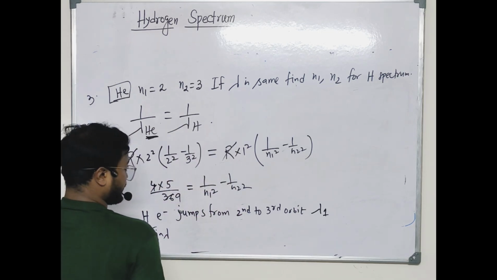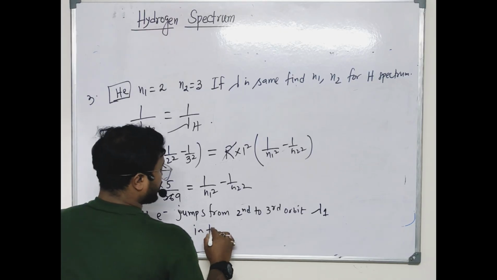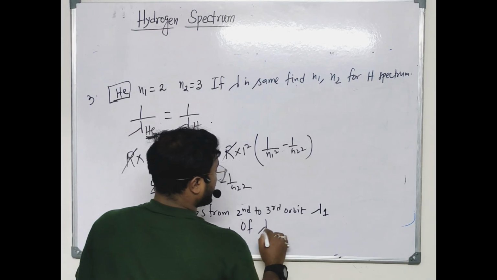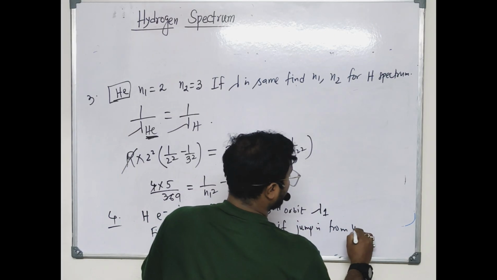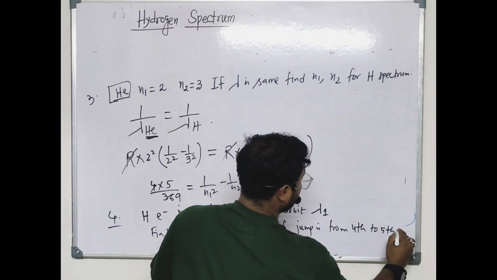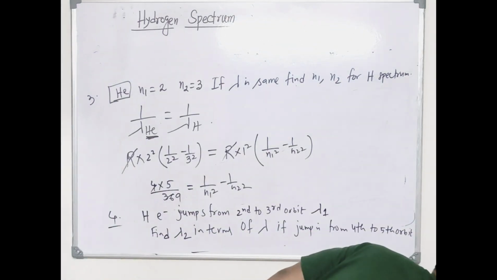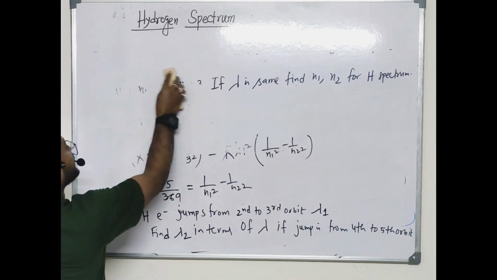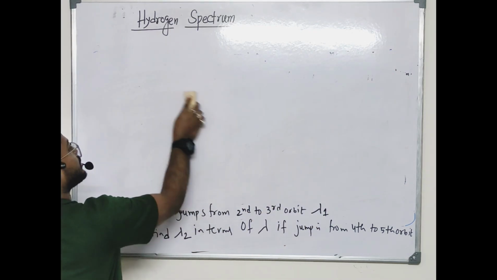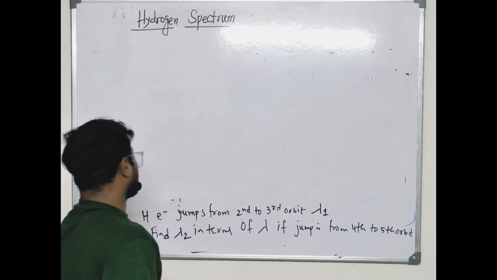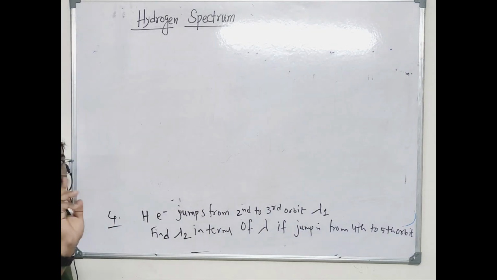Find lambda 2 in terms of lambda 1 if the jump is from fourth to fifth orbit. This is another variety of question they can ask you. How to solve this variety of questions? They have given one lambda, and in terms of that lambda they need the answer. So, see the format. Hydrogen electron jumps from second to third orbit and the wavelength is lambda 1.